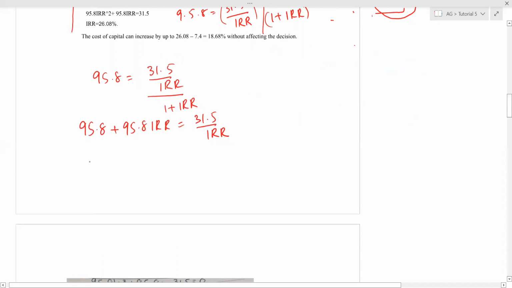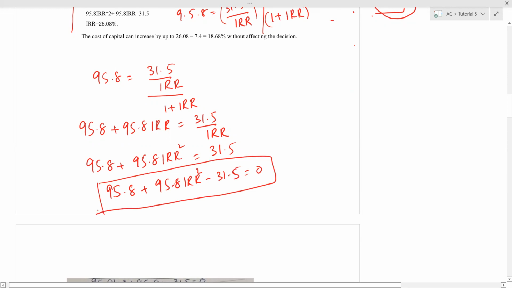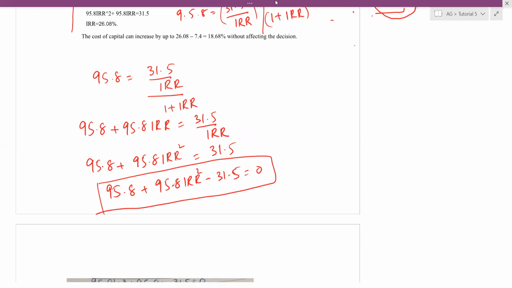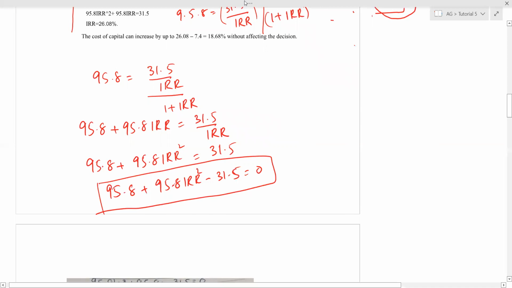If you take this R there, it will be 95.8 IRR plus 95.8 IRR square is equal to 31.5. If you bring this 31.5 to the left side, it will be 95.8 IRR square plus 95.8 IRR minus 31.5 is equal to 0. Can you see this is a quadratic equation, students?